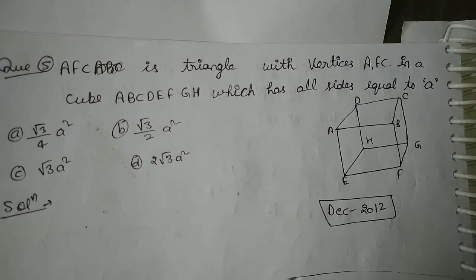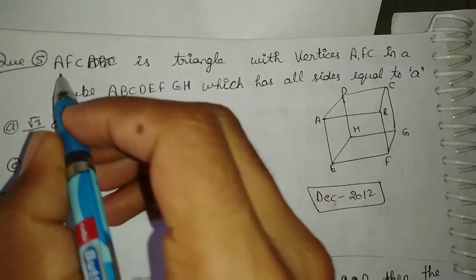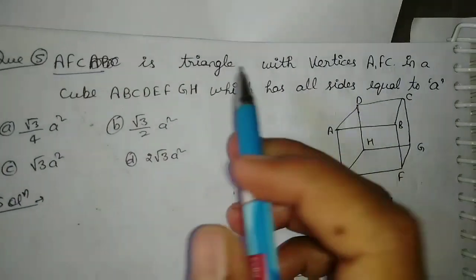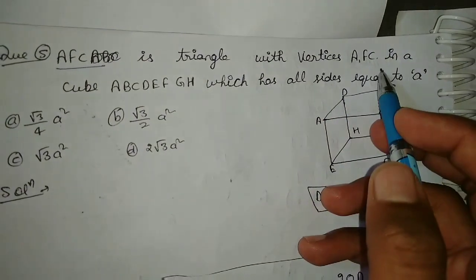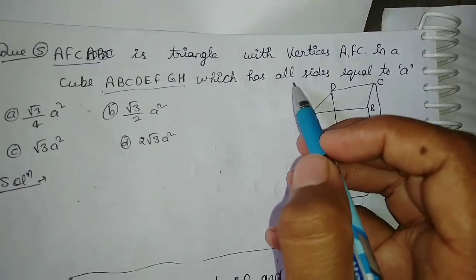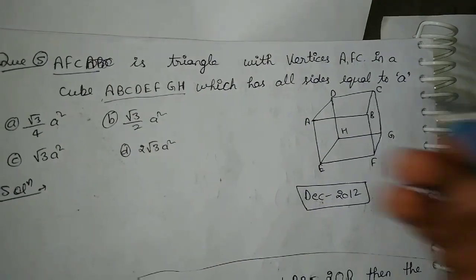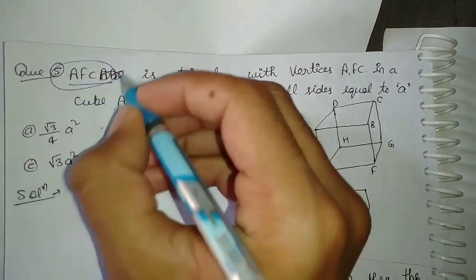In this question, from December 2012, it is asked that AFC is a triangle with vertices A, F, C in a cube A, B, C, D, E, F, G, H, which has all sides equal to a. Now you have to find the area of this AFC.